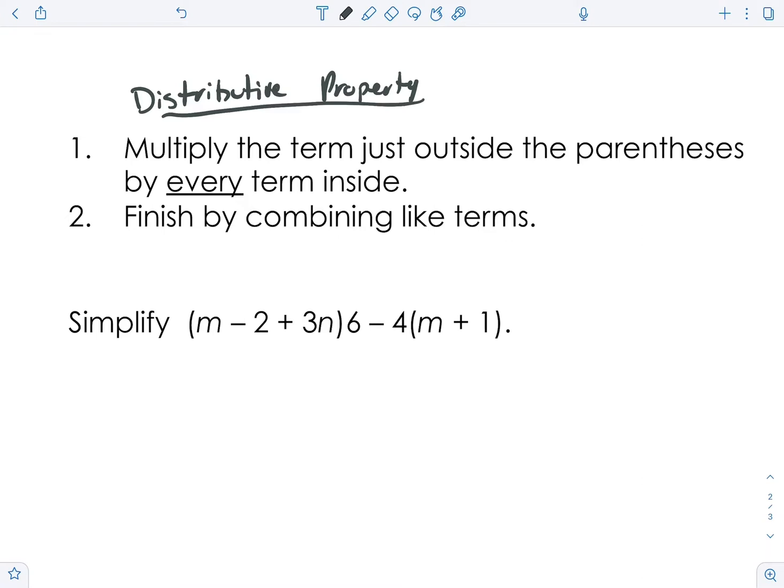All right, let's get through it. So notice here how we have a 6 right here outside of this parentheses, which means we take this 6 and we multiply it by each term inside of the parentheses. Notice that we have 3n, -2, and m. So that's 6 times 3n, 6 times -2, 6 times m.